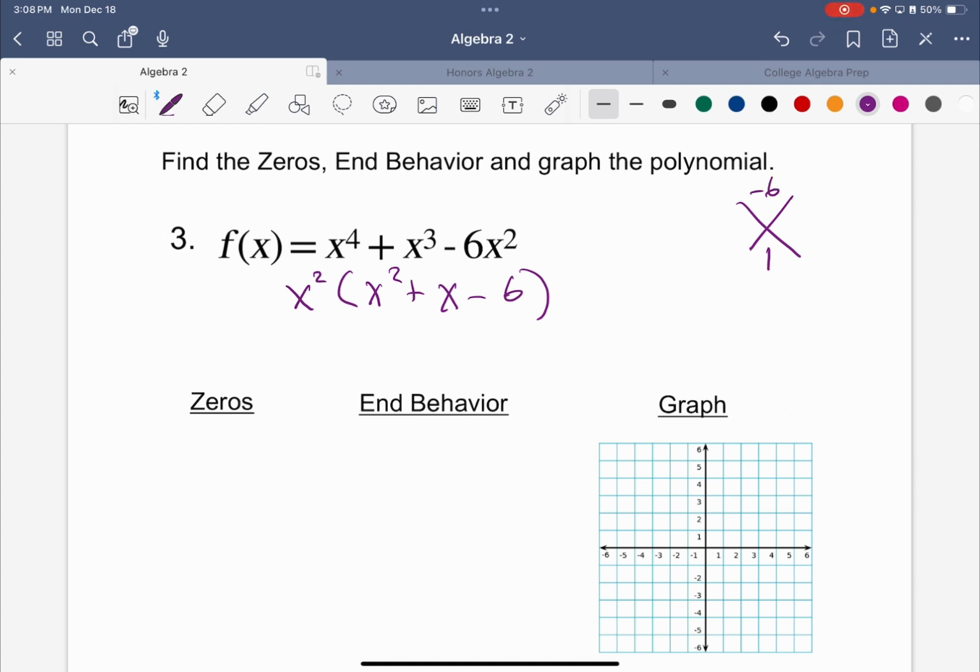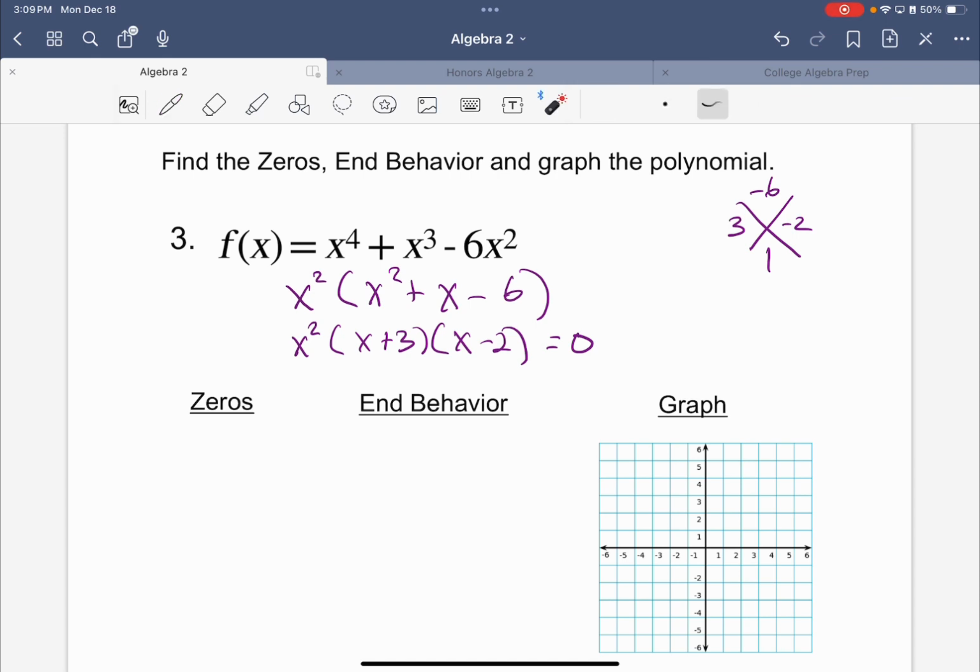So -6 and 1. 3 and 2. 3 and -2. So I'm just going to write it in factored form. So it's x squared, x plus 3, and x minus 2. That's factored form. Okay, now it equals 0.